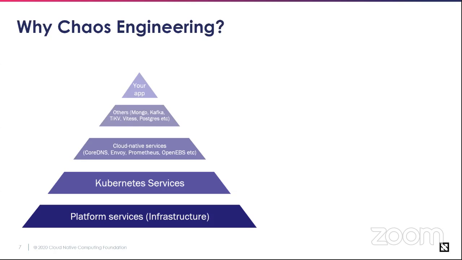What is chaos exactly, and why do we need chaos engineering? Chaos engineering is basically inducing a fault deliberately into a system to check its resiliency. Is this system resilient or not? For example, I recently saw a couple of ads for upcoming sales, like the Amazon Great Indian Festival or Big Billion Day sales. During that time, we see a huge user spike, with a lot of users coming to shop or just check out the website, which can lead to downtime or an outage where the user is not able to access it.